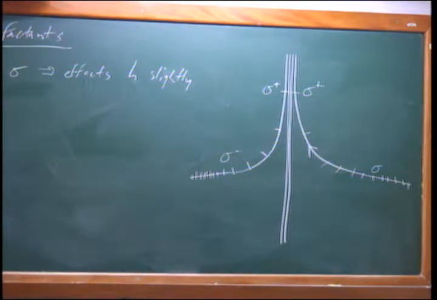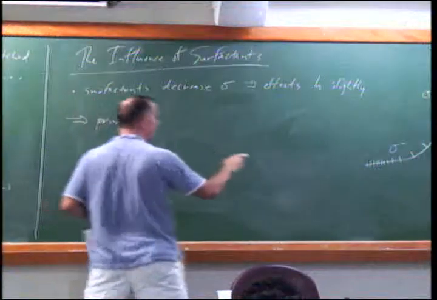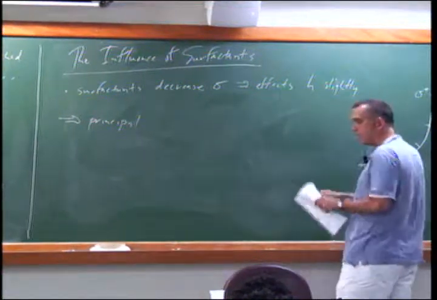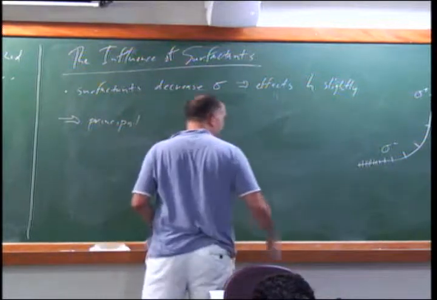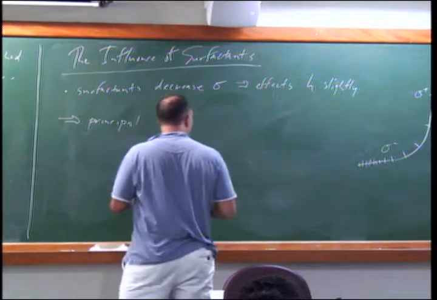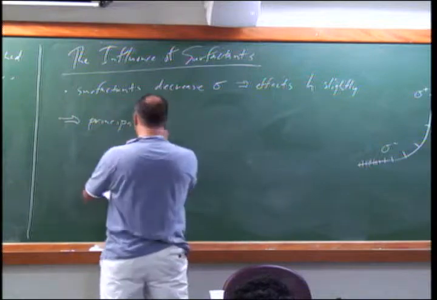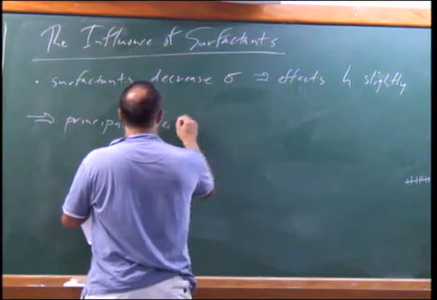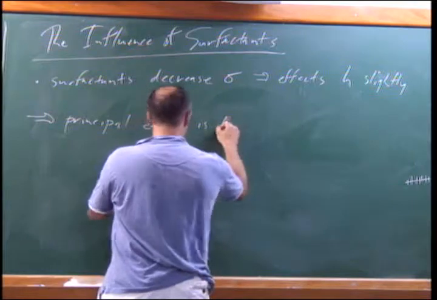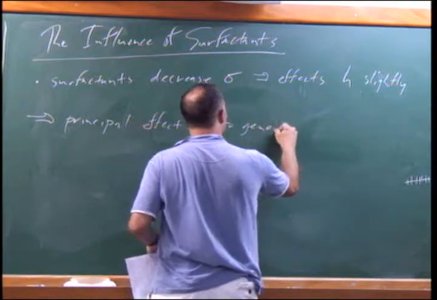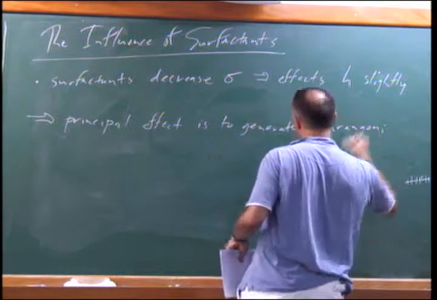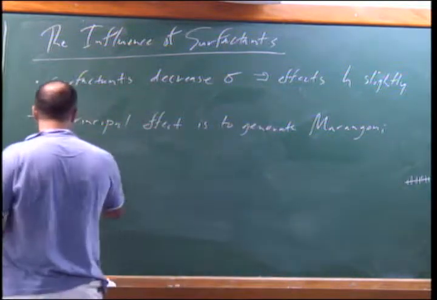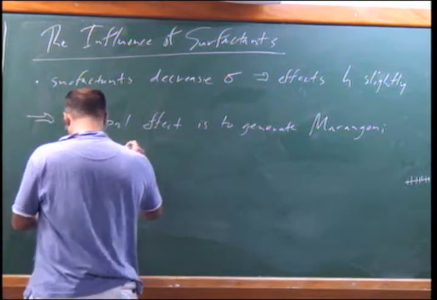Okay, so again, the principal effect. These dashes are the little surfactant molecules. If you're creating surface area, you're going to have a gradient in their concentration, which results in surface tension gradients. These surface tension gradients we call Marangoni stresses.